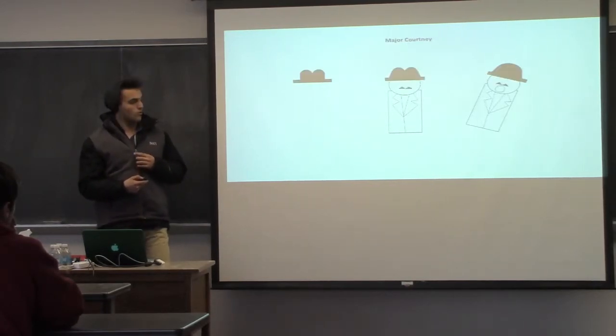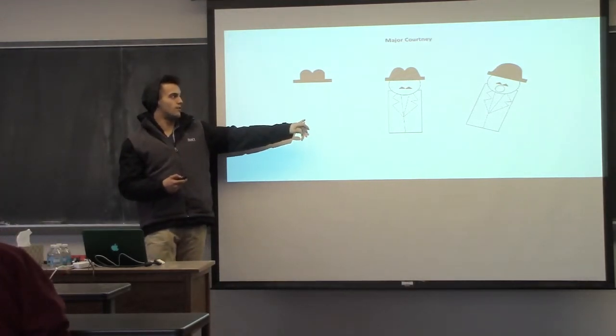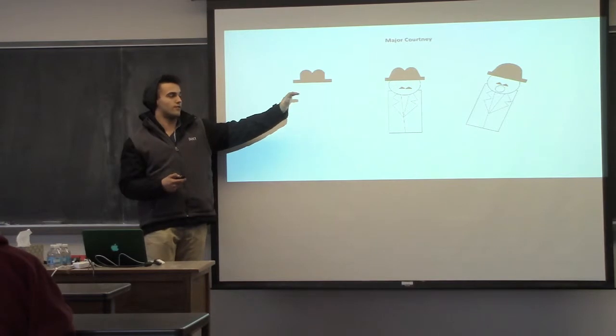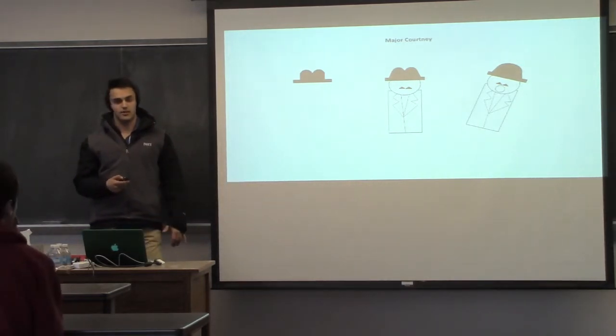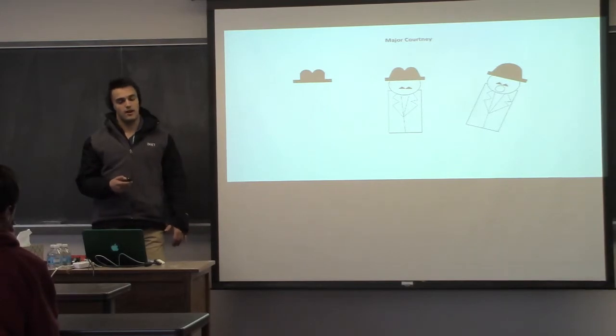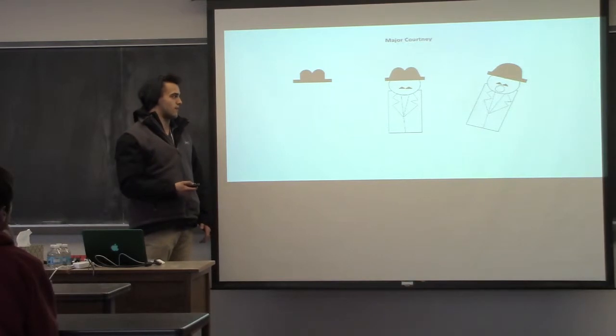And then for Major Courtney, I started off with this character right here, but especially with the fedora, or not the fedora, the hat, it looked too much like Louis' fedora, which I thought was really confusing because you wouldn't be able to tell, although I will differentiate later on by drastically changing what Louis looks like.